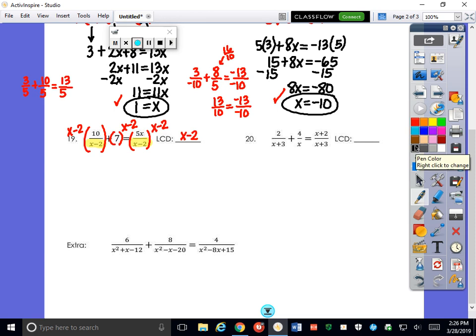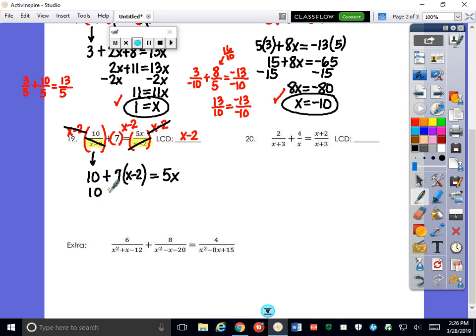So now we get to cancel. X minus 2 on top, x minus 2 on bottom. We are left with just 10 plus, nothing cancels here, so this is going to be 7 times x minus 2 equals x minus 2 on bottom, x minus 2 on top, leaving me with 5x.